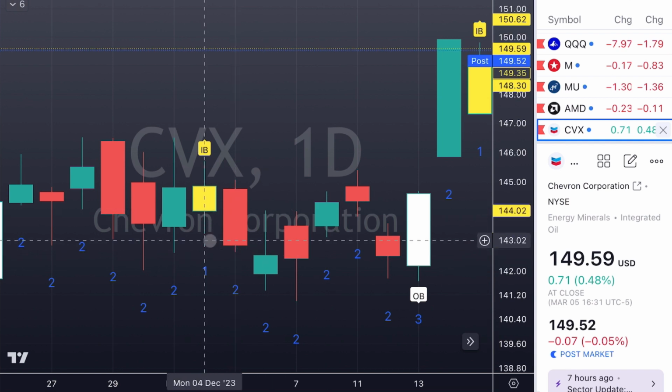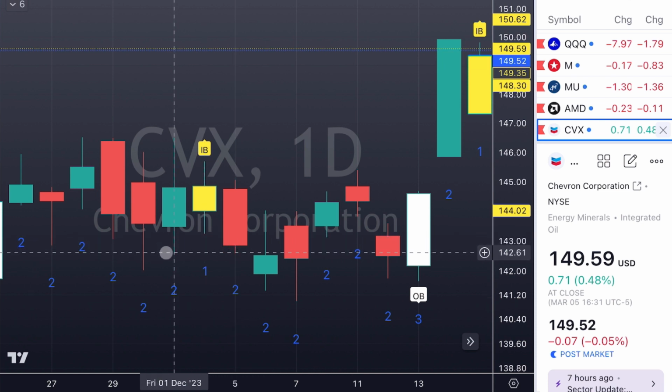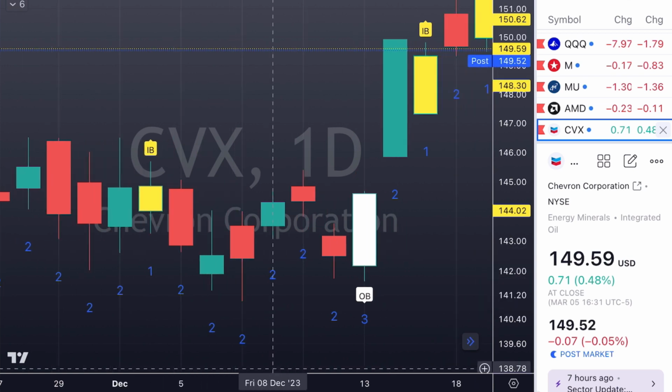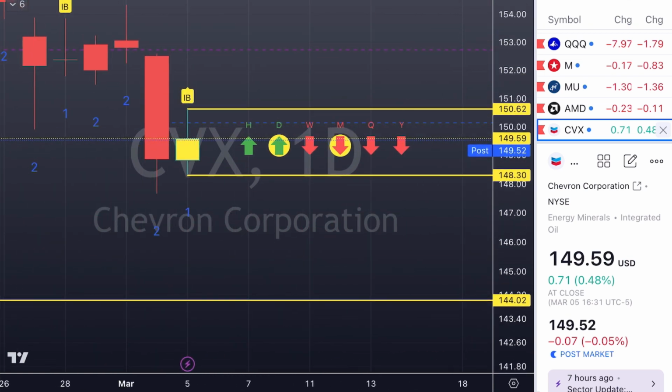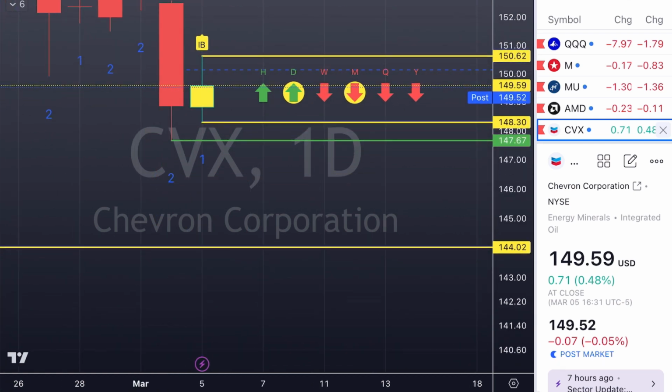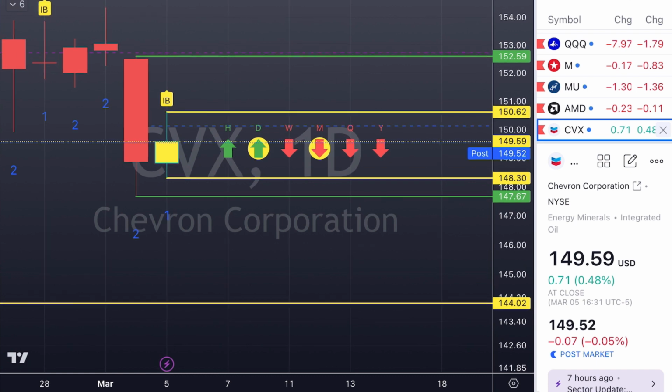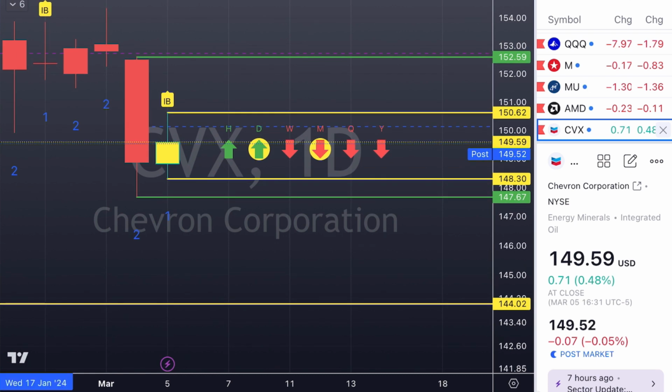Triggered, here, target, here, reversed back up. Okay? And we got a little more the next day. So look for those on the inside bars. I can mark out the triggers here for you. Targets. And it's target 1 and target 2 at the top if we trigger to the upside.